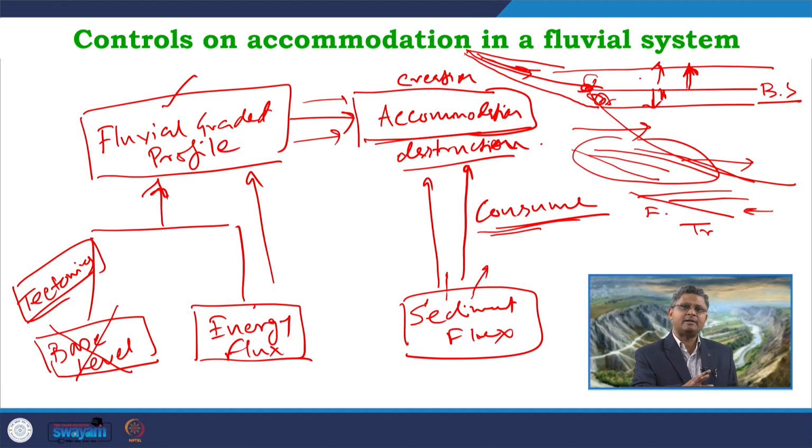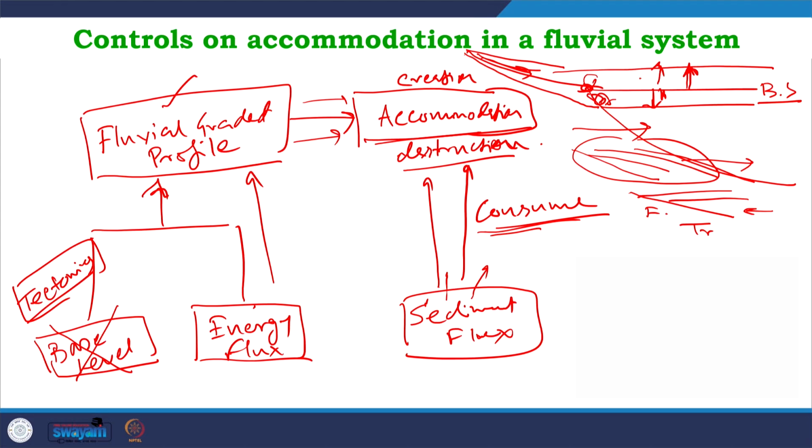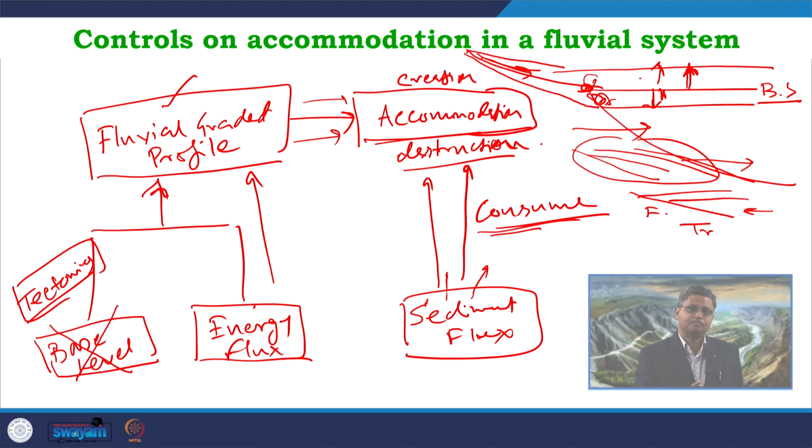Definitely in that part we will get completely different types of stratigraphic architecture for these upstream controlled fluvial systems, and the resultant architecture will be significantly different from the downstream controlled fluvial system. These differences we will discuss in more detail in terms of different systems tract in our later classes, where we will discuss fluvial sequence stratigraphy.